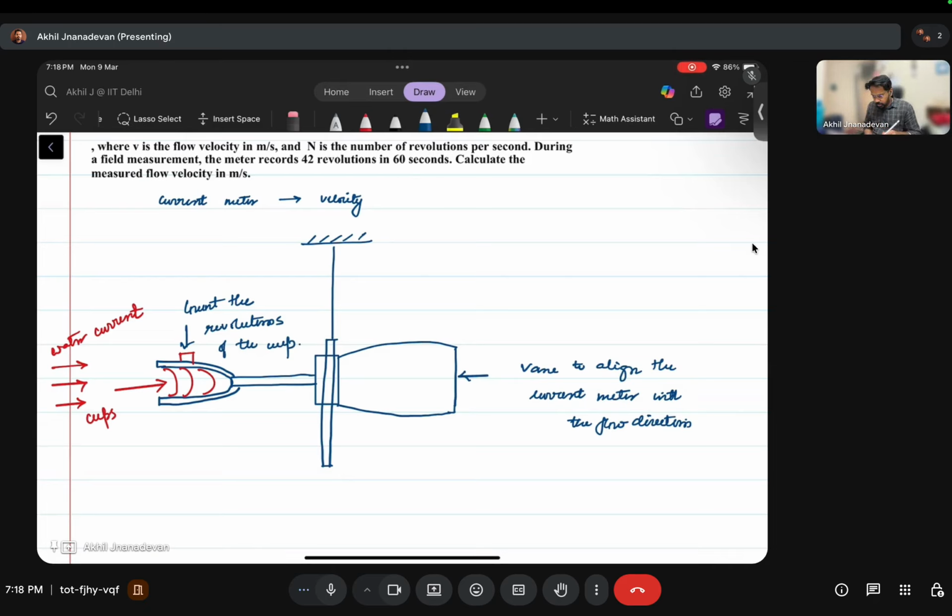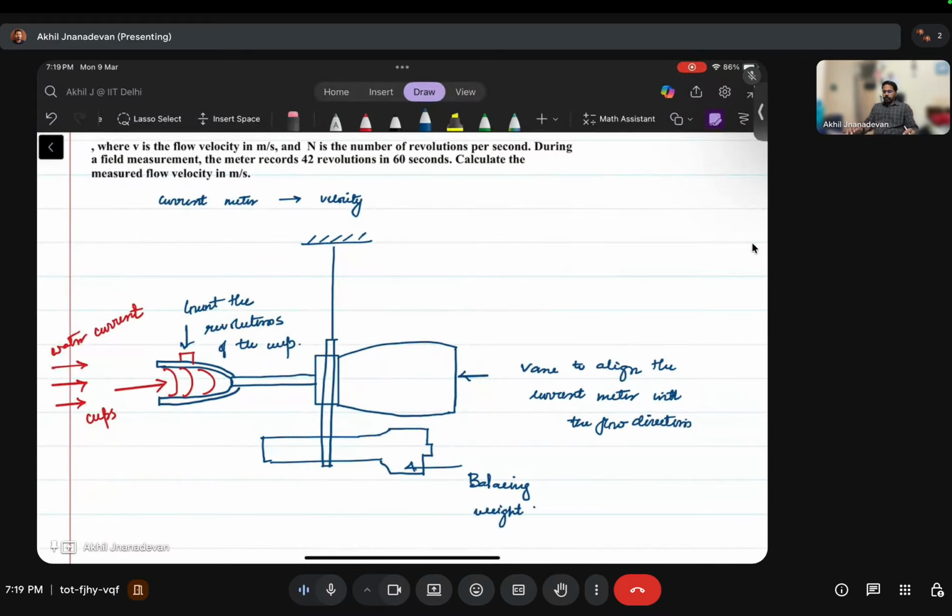Also there is one more part at the bottom, that is a counterbalancing weight. This balancing weight keeps it aligned and fixed in a particular location.